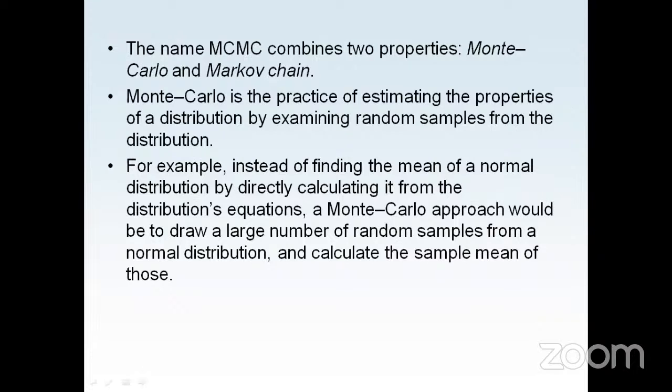So the name, as you can see, combines two properties, that is Monte Carlo and the Markov chain. Monte Carlo is the practice of estimating the properties of a distribution by examining random samples from the distribution. For example, instead of finding the mean of a distribution by directly calculating it from the distribution's equation, a Monte Carlo approach would be to draw a large number of random samples from a normal population and calculate the sample mean of those.